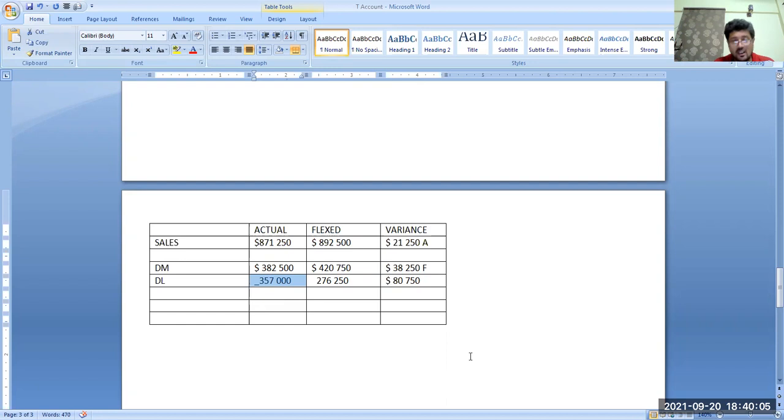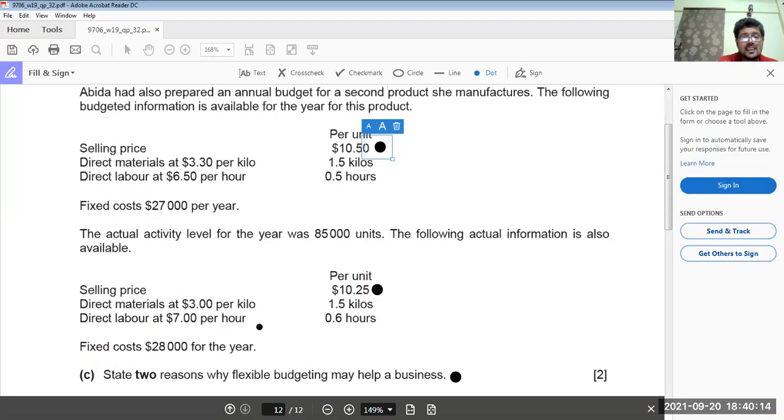Now, fixed cost. See the fixed cost? 27,000 and 28,000. Okay.